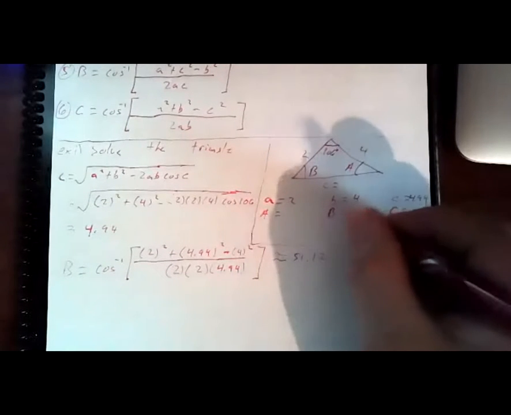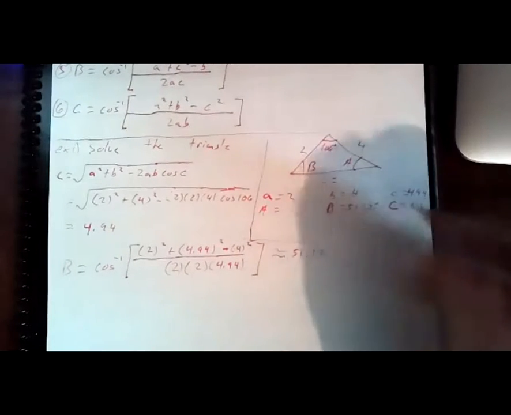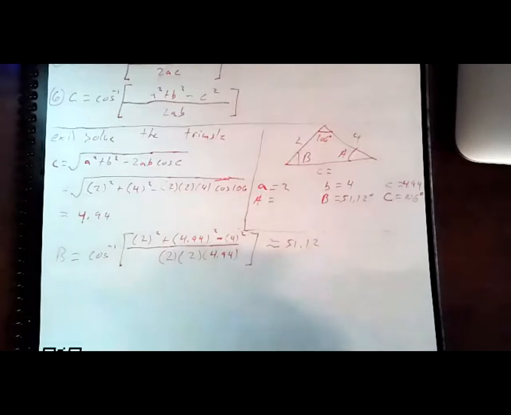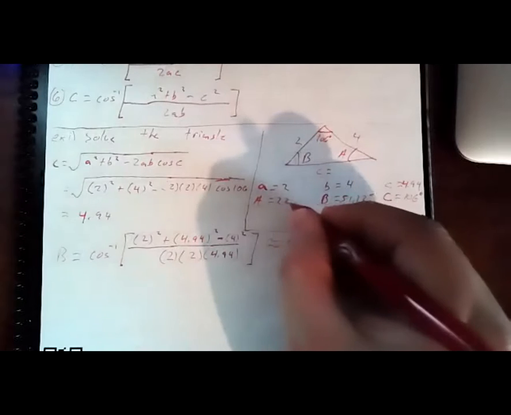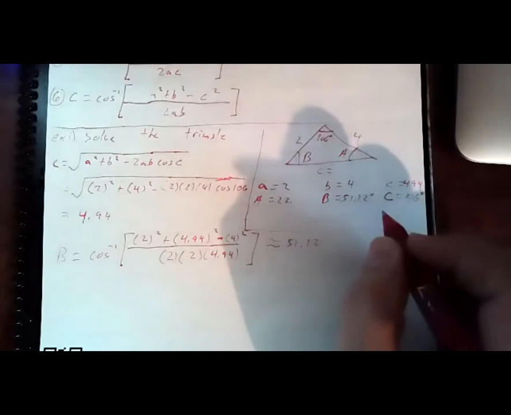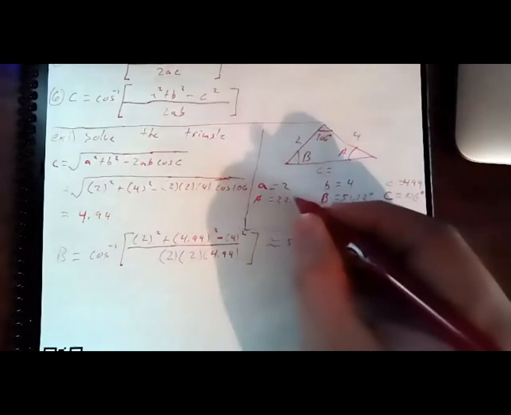So now what is A? So subtract from 180, right? Did I do that right? You guys get 22.88 for A?